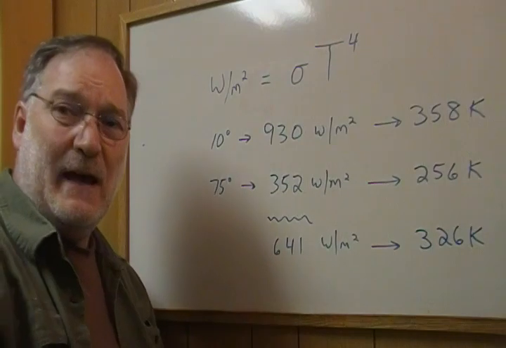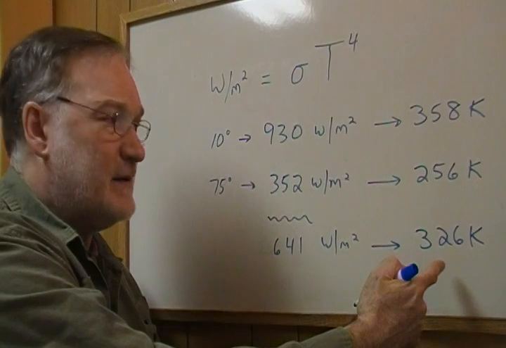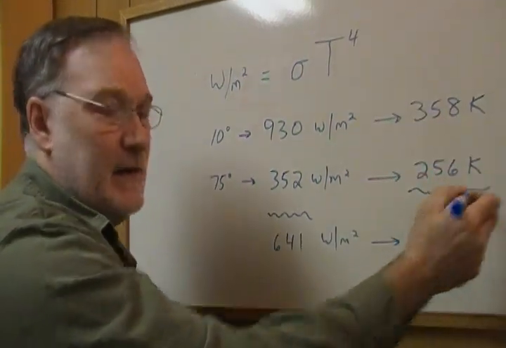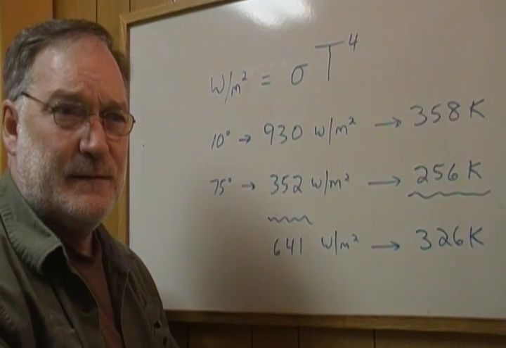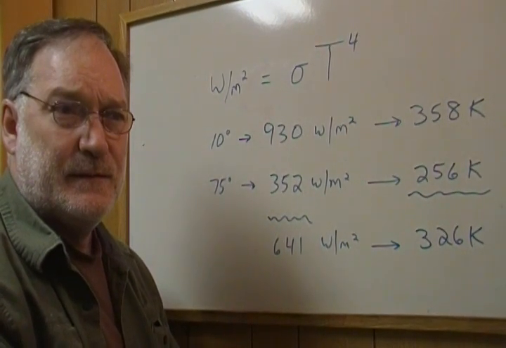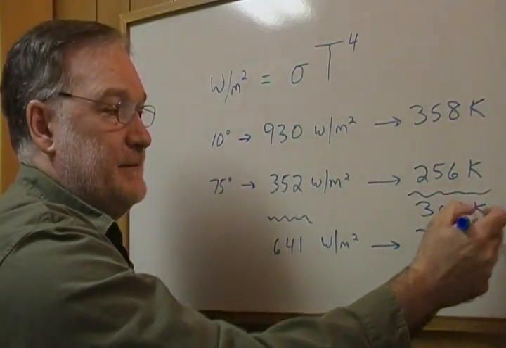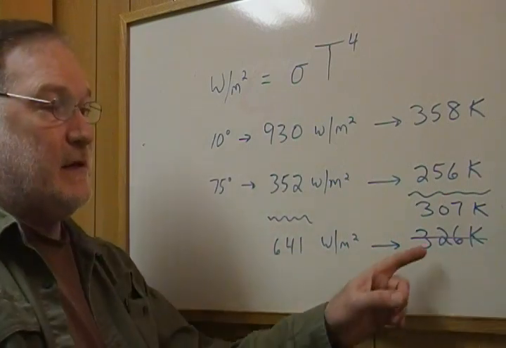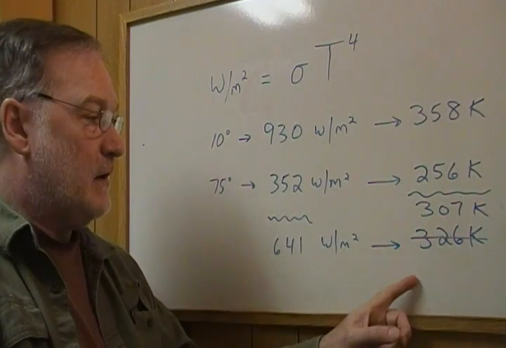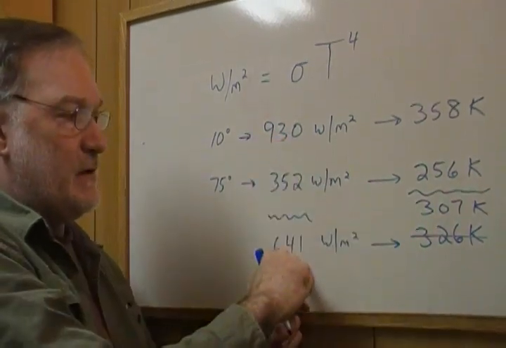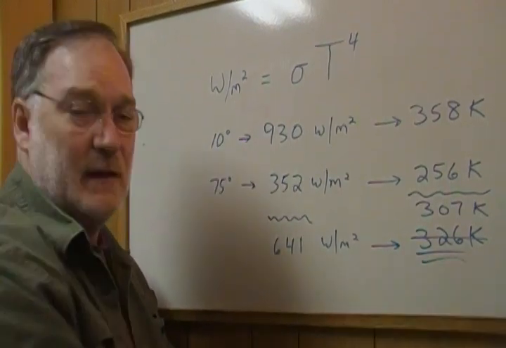So if you average the radiation, you would expect the average surface temperature to be 326 Kelvin. But the real average is only 307 Kelvin. So you can see the real average surface temperature on a black body is much lower than you would expect if you first average the radiation and then try to derive the average surface temperature. You end up with something that's too high.